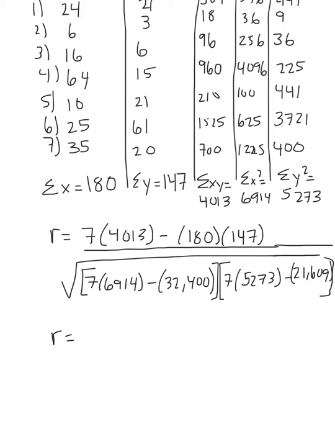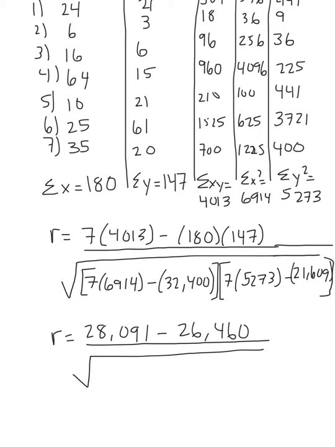If we do 7 times 4,013, you get 28,091, minus 180 times 147, which is 26,460. Divided by the square root. In the one set of brackets, you'll get 15,998.